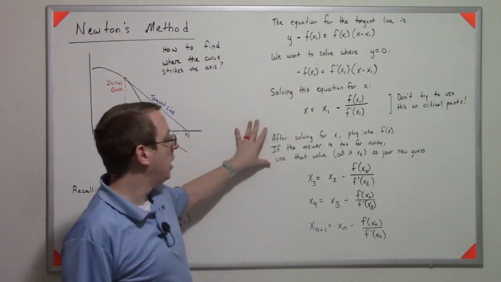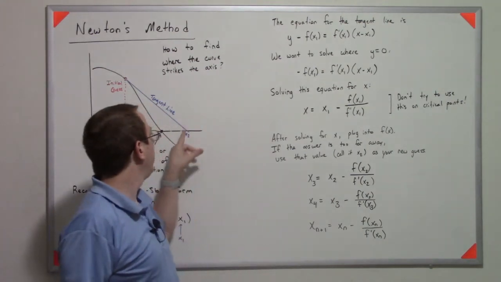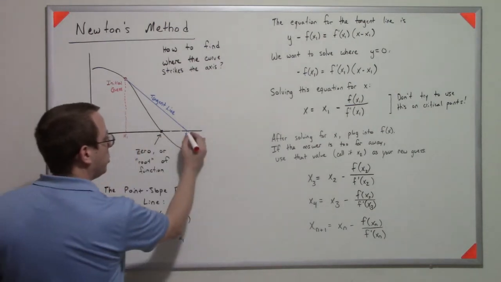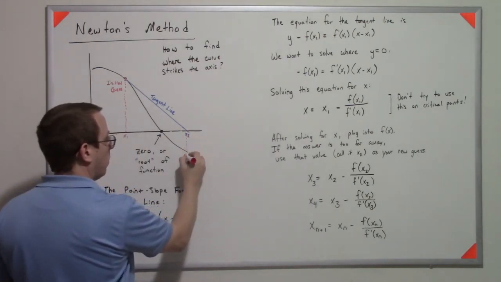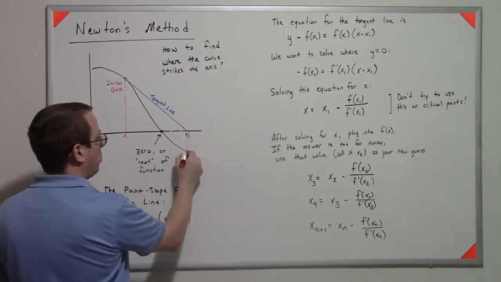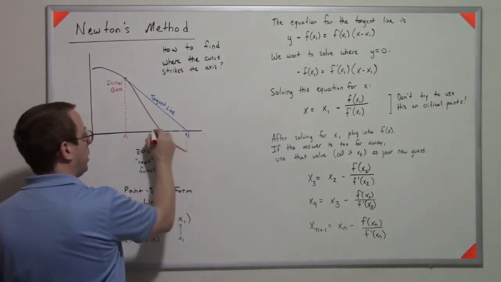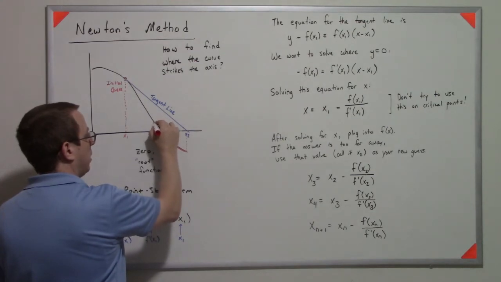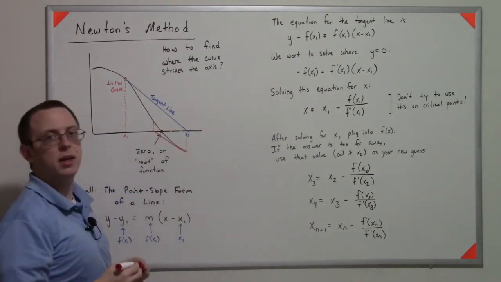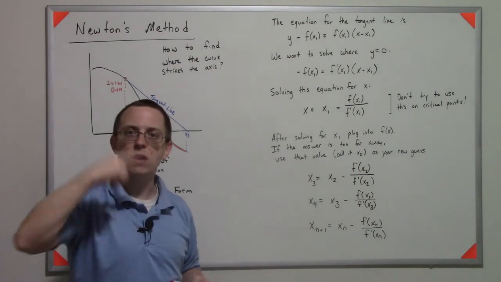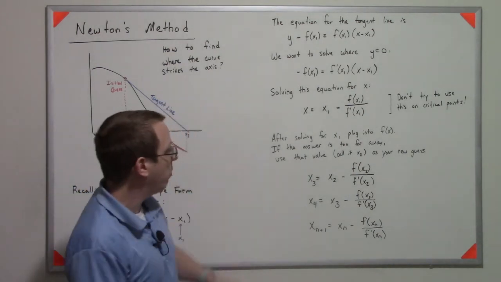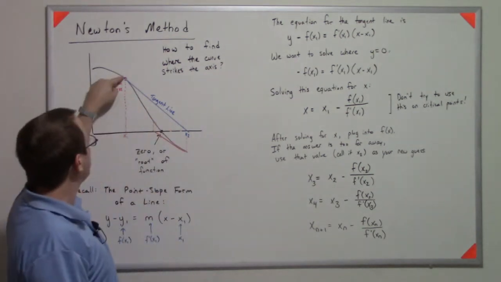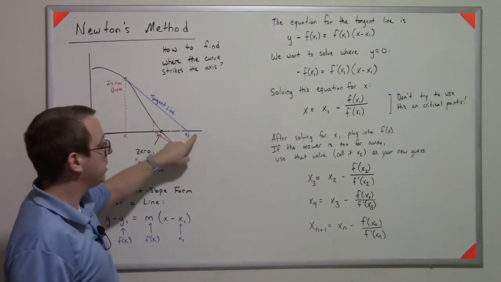But then I can say, okay, if this is my new guess, then you could come down here and project it again with a tangent line, and then project it again with a tangent line. Right? You iterate on that process. You say, okay, that wasn't good, but this is my first guess. This is my second guess.